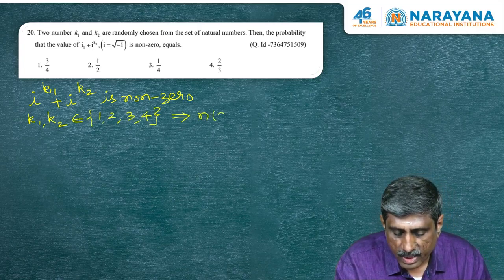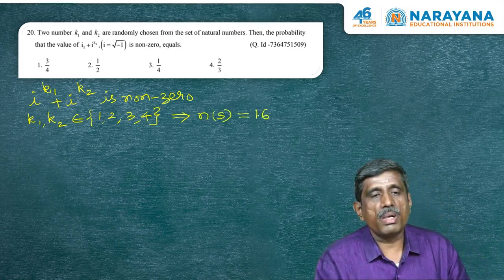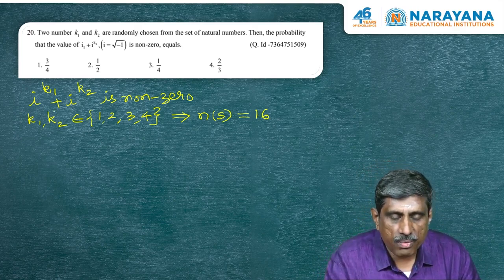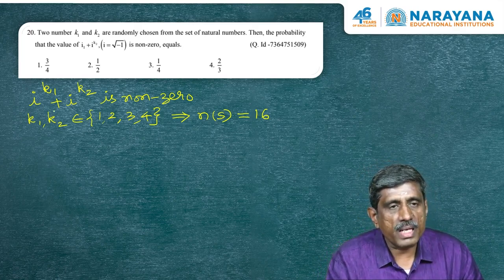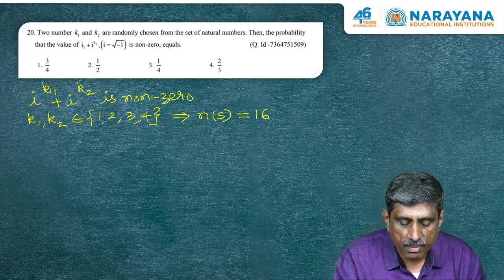total number of possibilities is 16. 4 into 4, 16 possibilities we have. For what values of the combination k1 comma k2 is i power k1 plus i power k2 going to become 0?